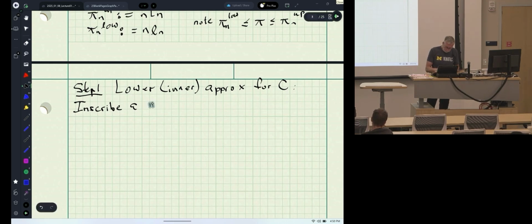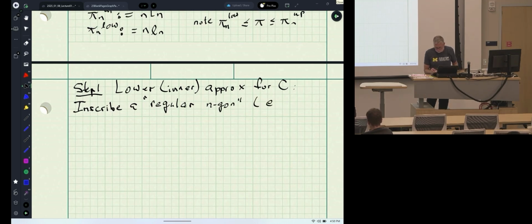Whoops. I want the word regular in here, and I'll define that. A regular n-gon. So that means equal sides. So a rectangle would be a regular n-gon when it's a square, okay? That makes sense, the regular thing then, okay?